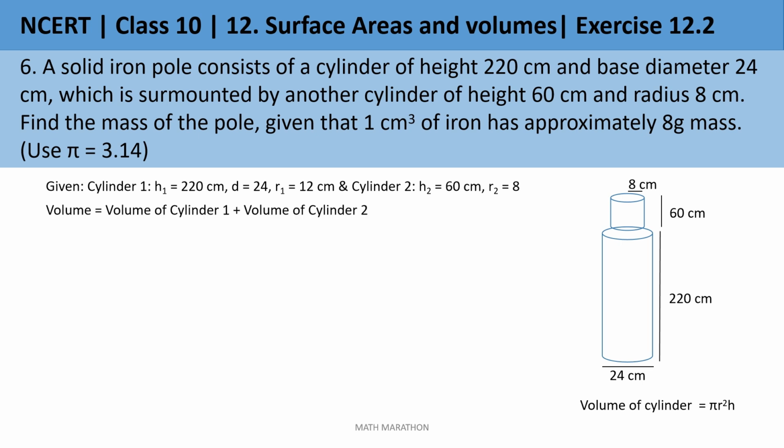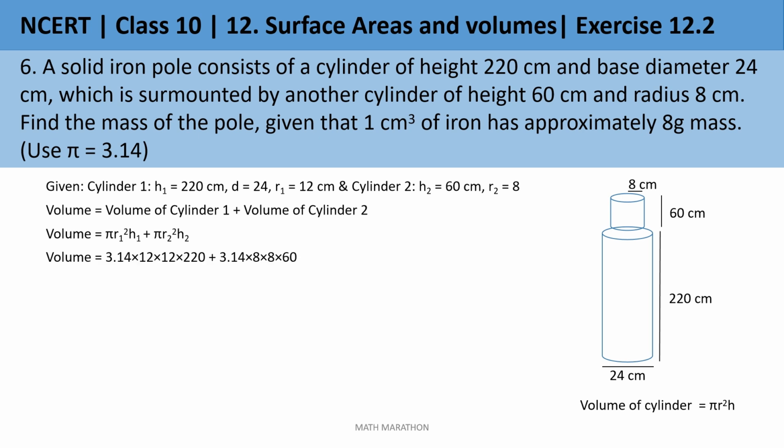Total volume is equal to volume of cylinder 1 plus volume of cylinder 2. Volume is equal to volume of cylinder 1, which is pi R1 square h1, plus volume of cylinder 2, which is pi R2 square h2.